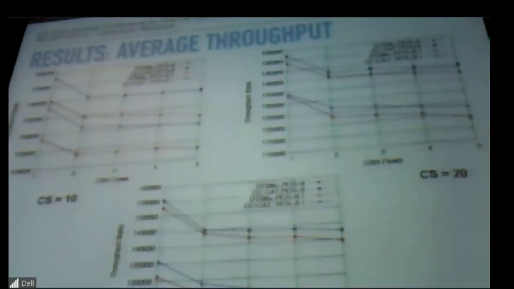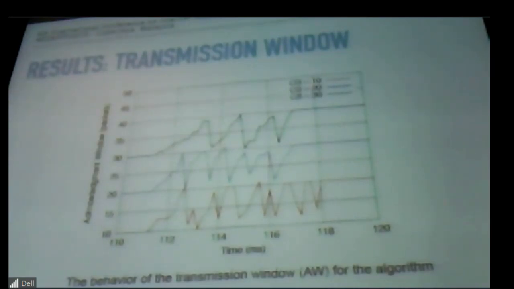And for the average throughput, the congestion control mechanism also outperforms the original BPSN protocol. Since the BPSN protocol has a fixed window, once we implemented the algorithm, it has a dynamic transmission window. For cache size 30, there are fewer times that it reaches the optimal throughput, since it will have a maximum window of 40.